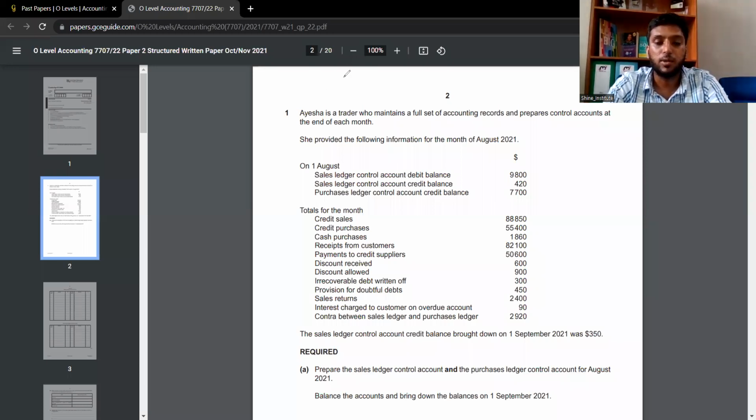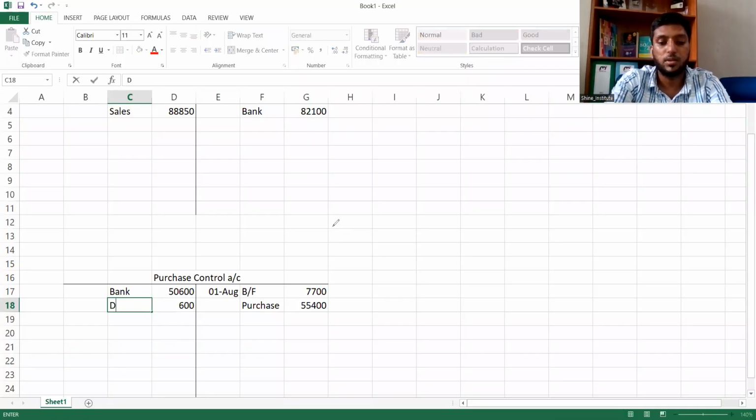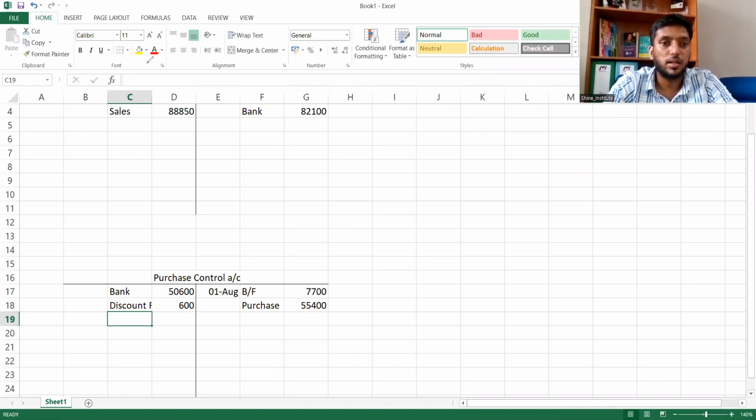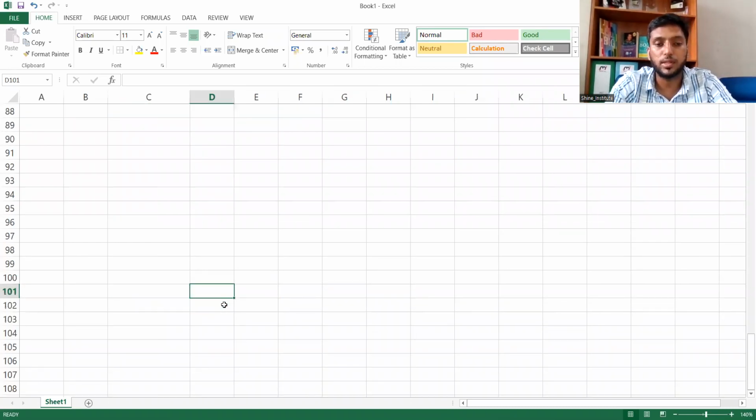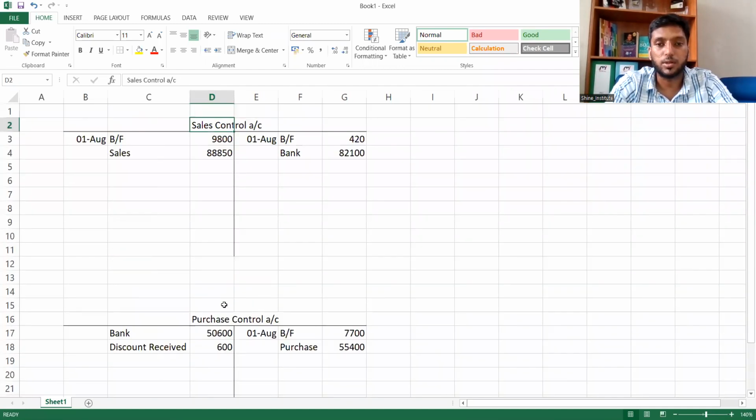So I'm going to write discount received under purchase control account as discount received. If I don't have space, I will make this column a bit bigger. So discount received 600 and discount allowed is how much? Discount allowed is on the credit side of the sales control account.